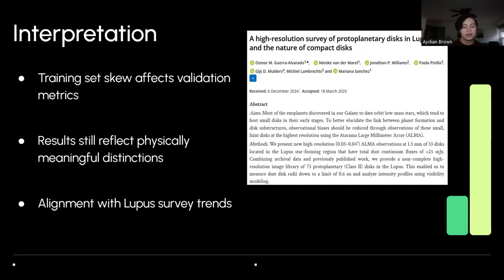Overall, comparing what we know about the data and what the machine learning was able to determine, they were all correctly classified, which is a good sign.